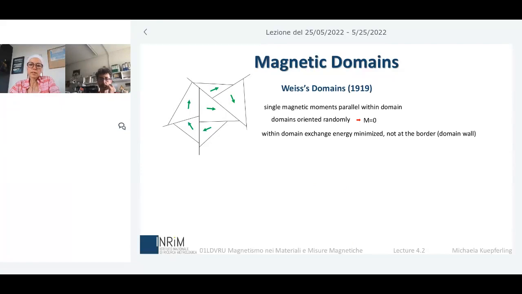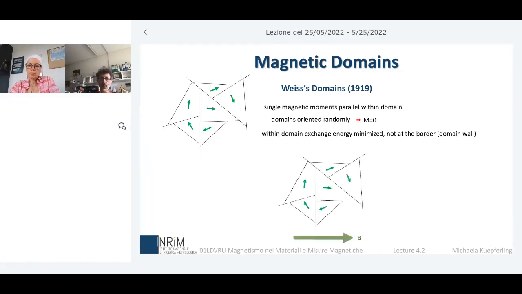And in order to understand this a bit better, we have to consider, of course, that between the different areas, we have a kind of border, boundary between these regions, magnetic domains, and this border is called the domain wall. And here, of course, in this domain wall, you must have a change of the magnetization direction.